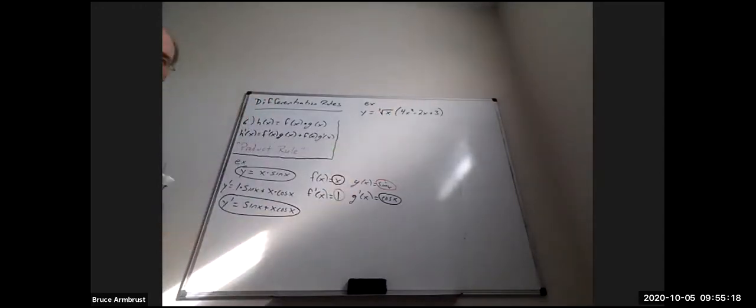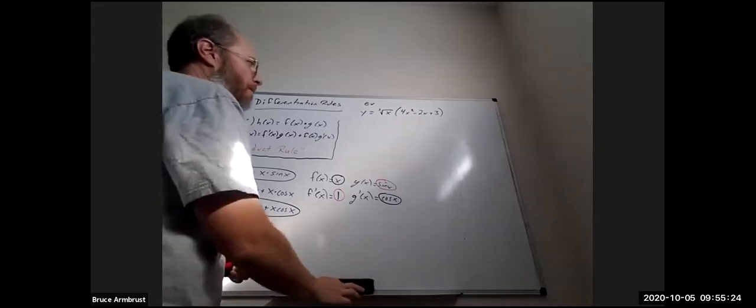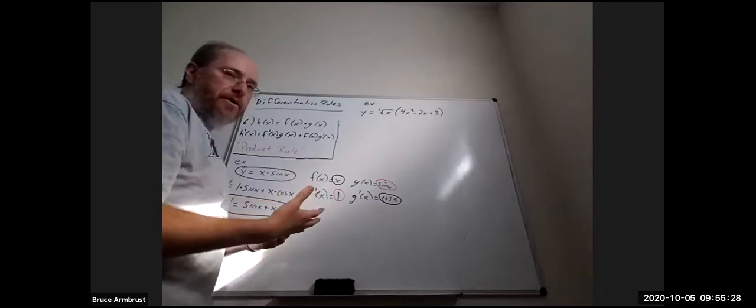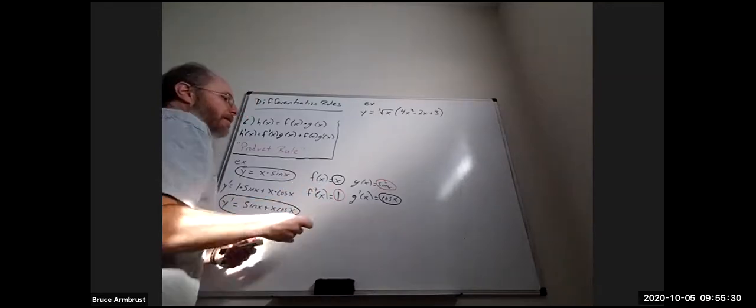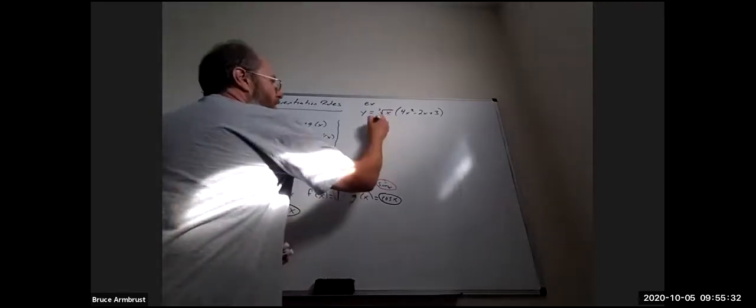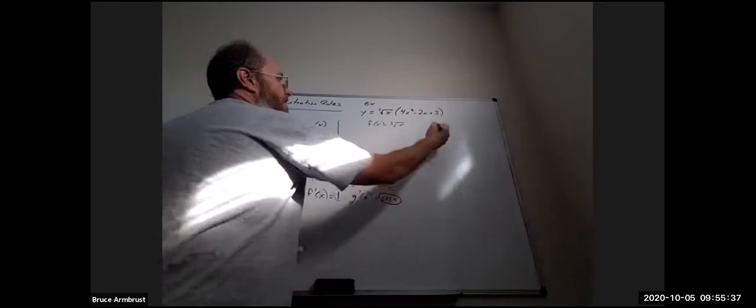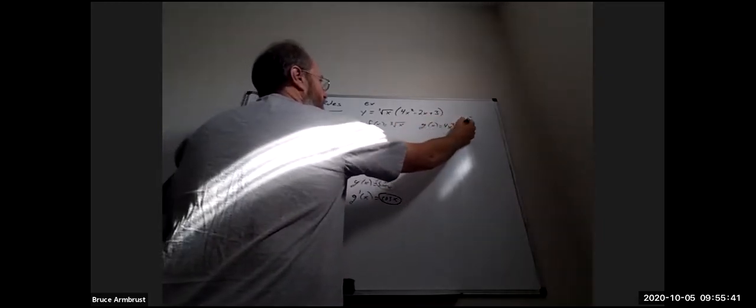We do square roots all the time. Let's make one of these a cube. All right, so let's think about what the functions are that we're multiplying together. We've got f of x is the cube root of x, and g of x is 4x squared minus 2x plus 3.